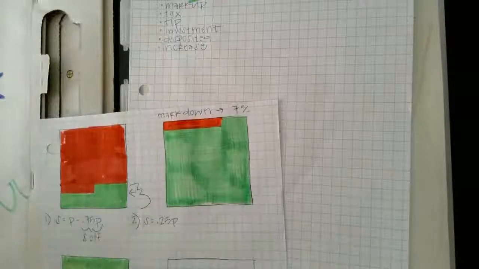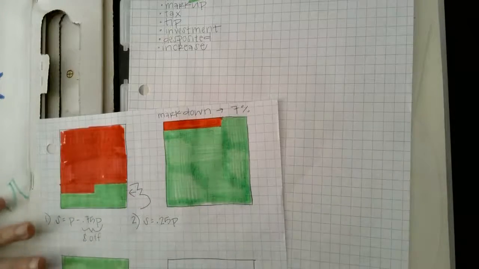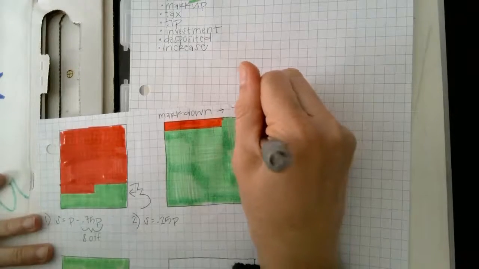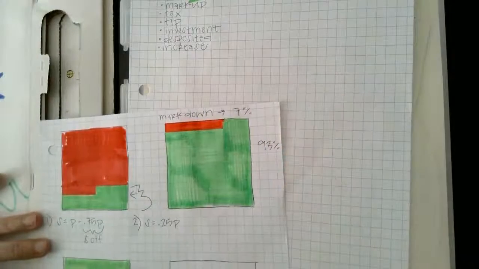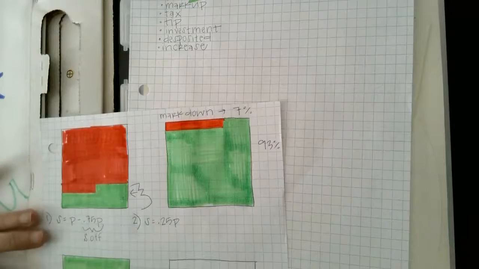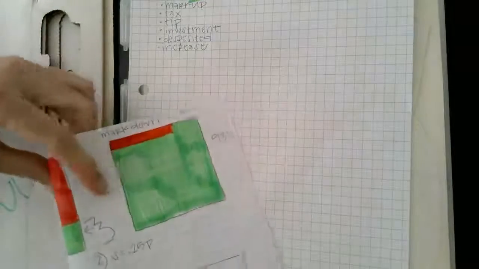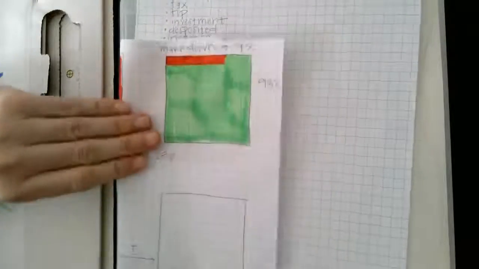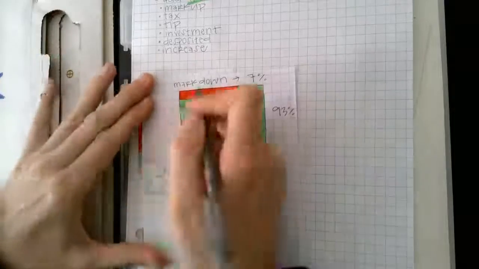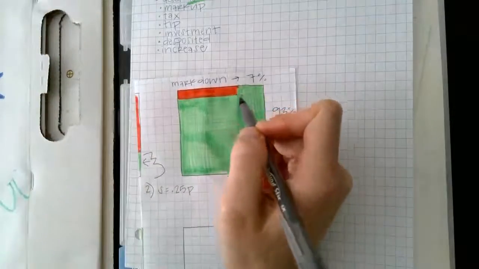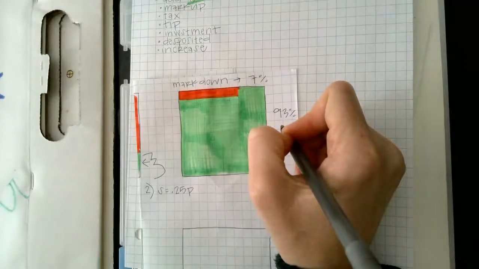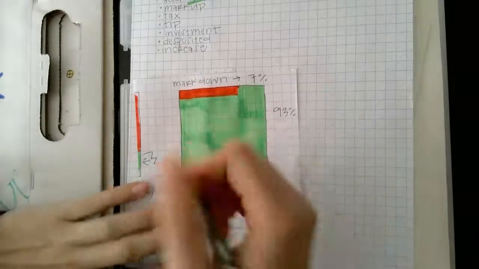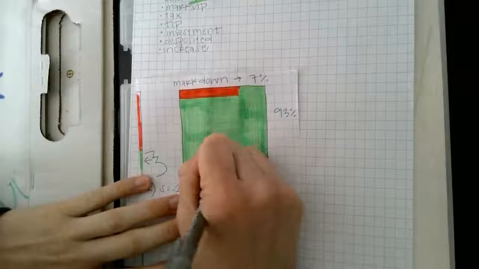So this means that the percentage of the whole that they're actually going to pay is 93%. I got 93% because it is 100 squares and they are marking it down 7% or 7 squares, which leaves us with 93 squares. So I'm going to write my equation the first way.